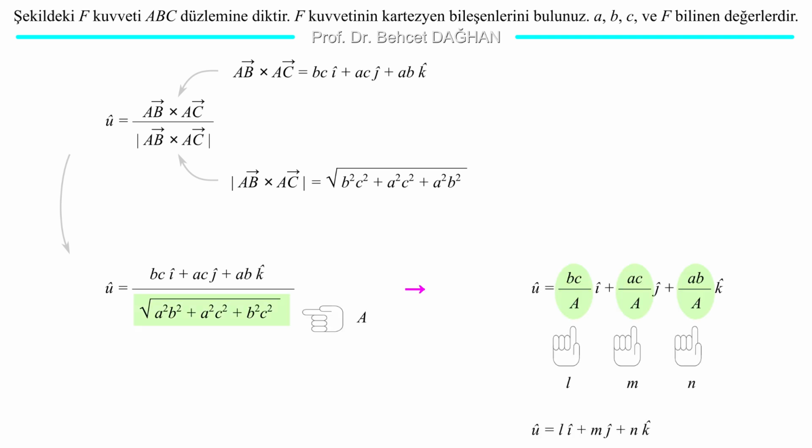The coefficient of i is BC divided by A, the coefficient of j is AC divided by A, and the coefficient of k is AB divided by A. All three are the direction cosines l, m, and n. After finding the direction cosines, we can now find the x, y, and z components of the force F. But before we move on to finding them, let's examine these results a little.